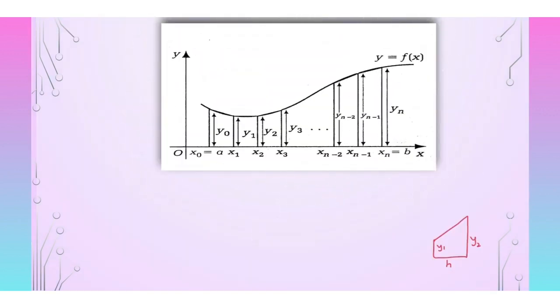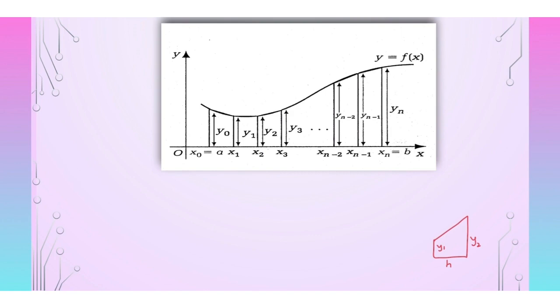This is what it means just now. So you can see that this is A, from x0 equals a until xn equals b. So this area is A under the curve y equals f(x), and we divide this area into n trapezium.